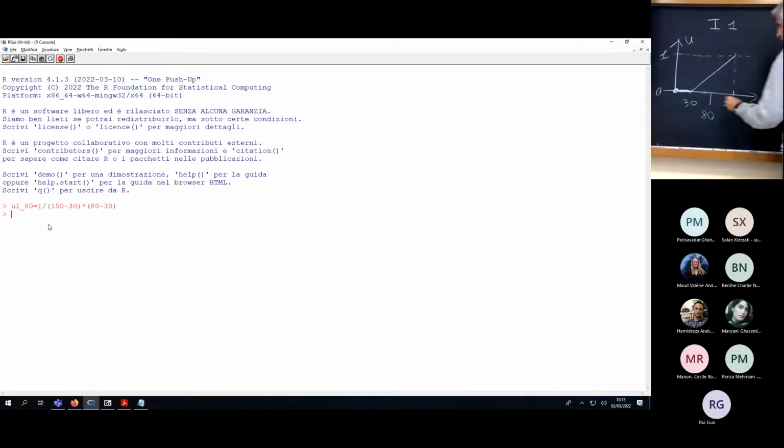So what do we have to do? We have to estimate the length of this segment.